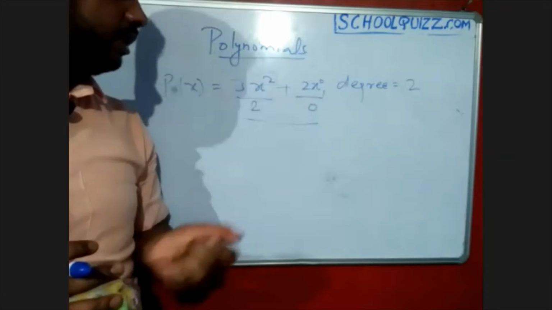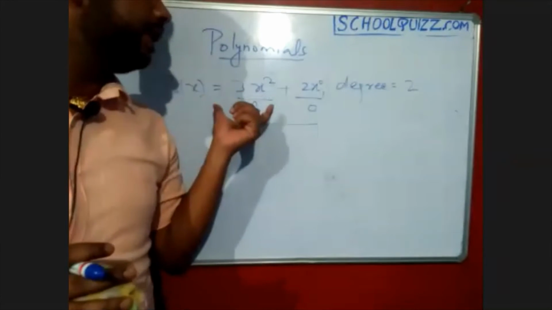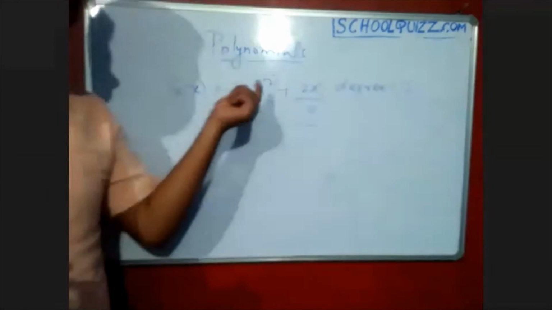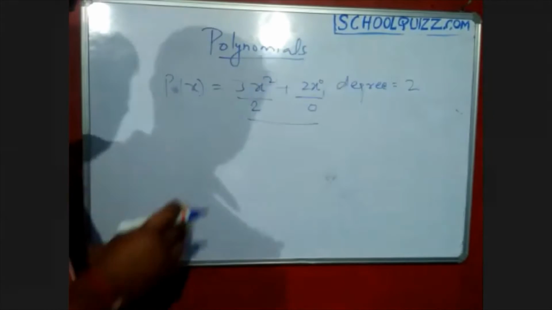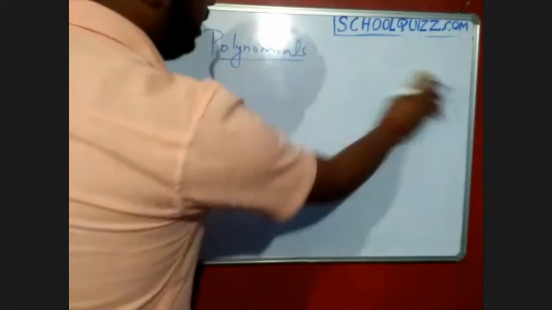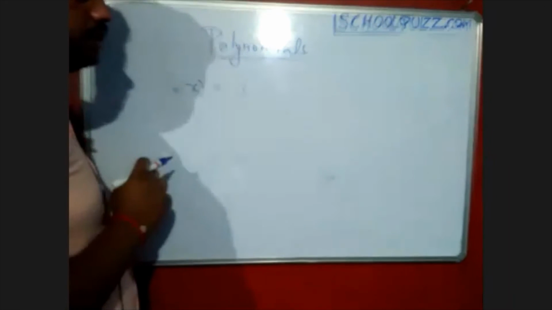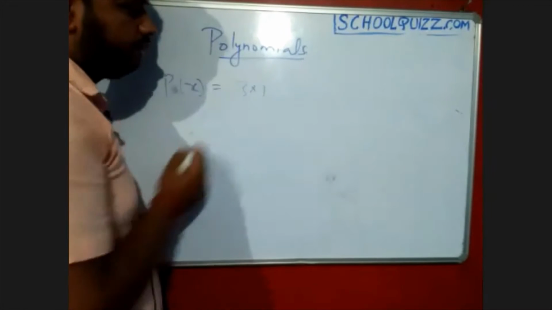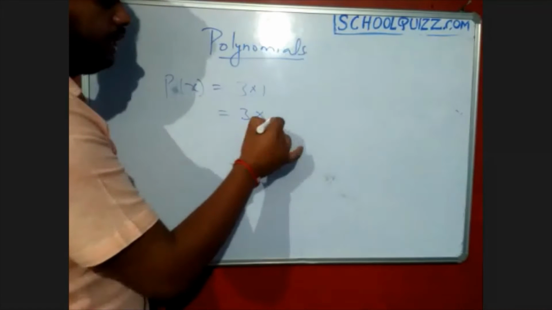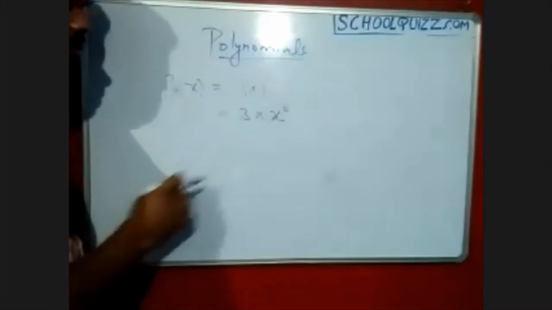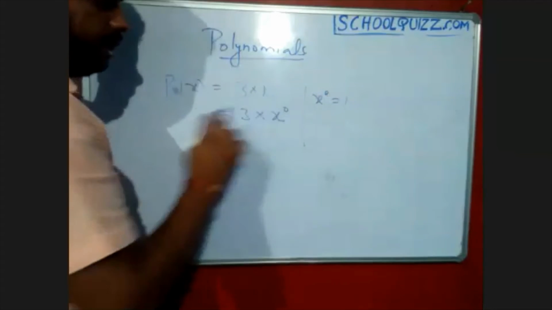If we need to find the degree of an expression, we must see the power or exponent of the variable. Suppose I say 3. Here a variable is not there, so we can write 3 into 1, and in place of 1 we can write x to the power 0, since x to the power 0 equals 1.